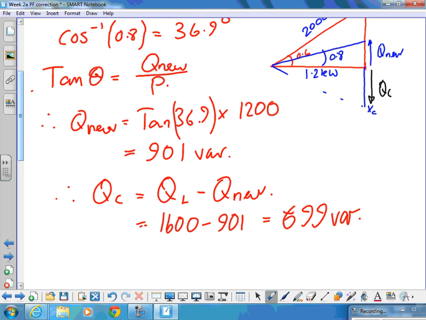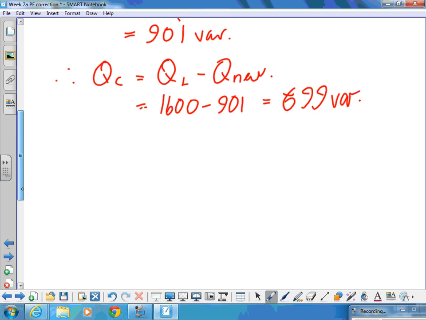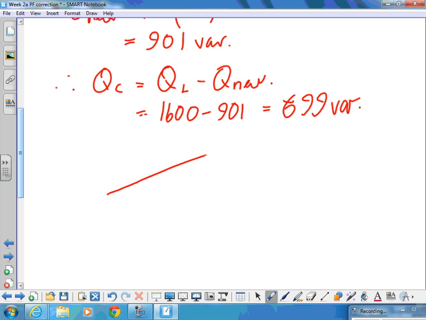Yep. Is that where you've got stuck now? As to how to get XC out of this? You do eventually, yeah, but we've now got a new triangle, haven't we? I'll have a new S, which we haven't got.